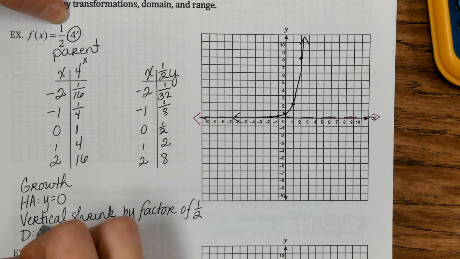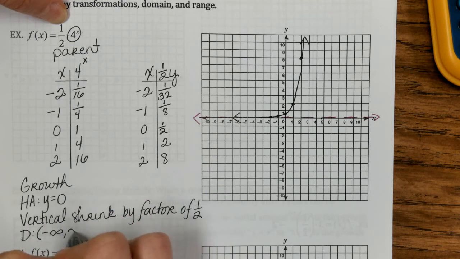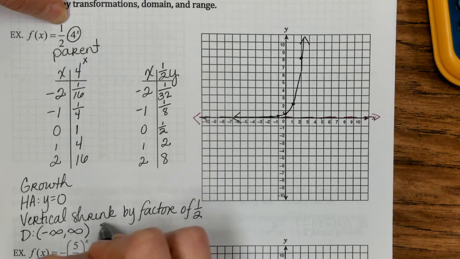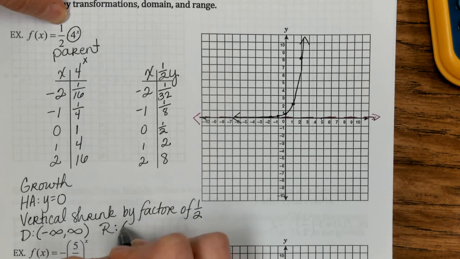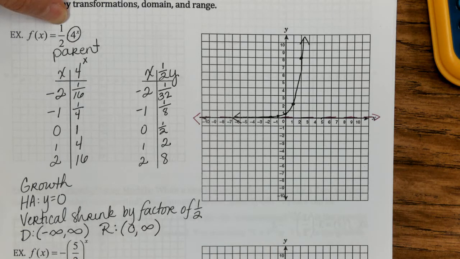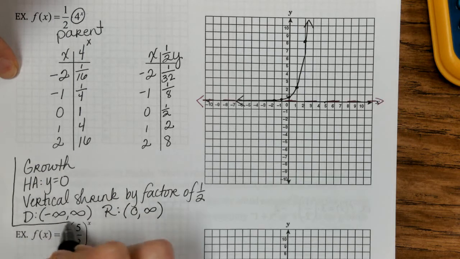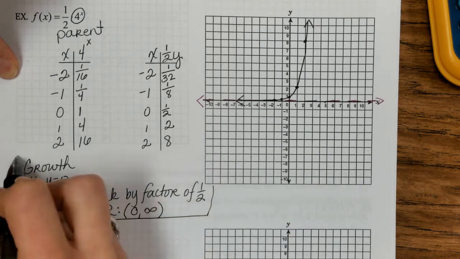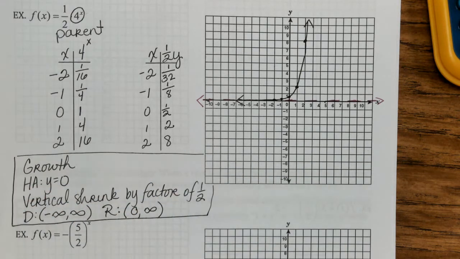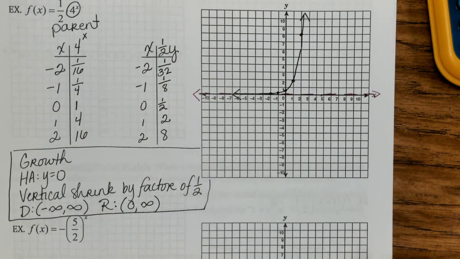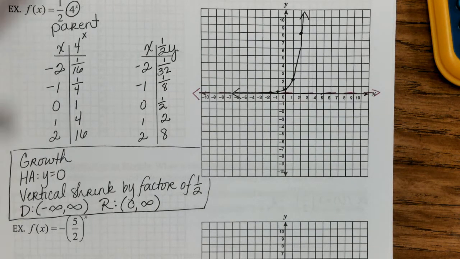What's my domain? -infinity to +infinity, and my range 0 to +infinity. Y'all good with that? Okay.